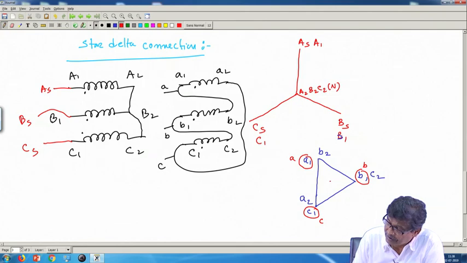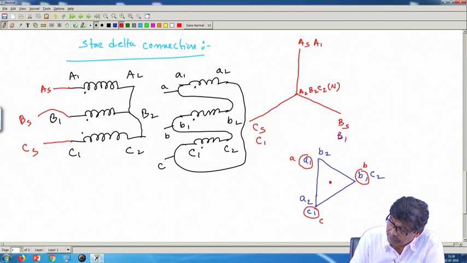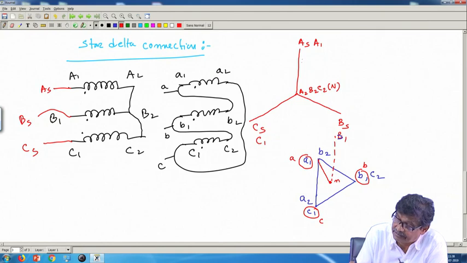So, here is the artificial neutral, because delta connection no neutral. So, A phase voltage with respect to this neutral, and A phase voltage of the primary is this vertical line, therefore, it is 30 degree.